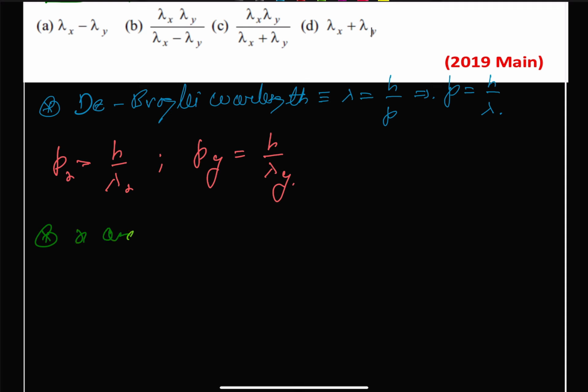It is given that x and y are moving in opposite direction.